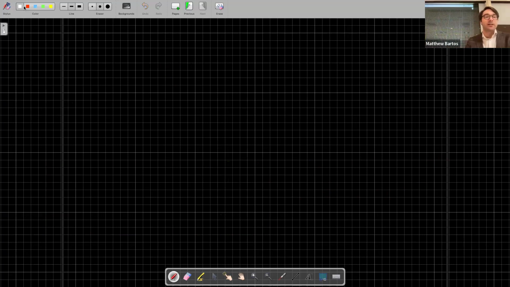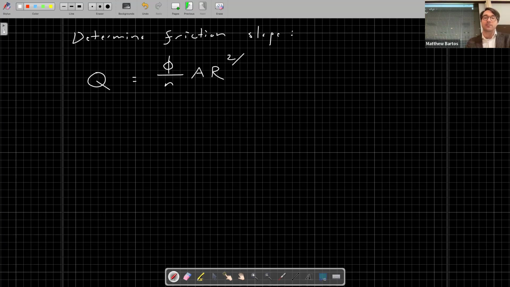So what we can do is use the Chezy-Manning equation to come up with an expression for the friction slope. Recall that from Manning's equation for uniform flow, the discharge is equal to phi divided by n, as in November, times the cross-sectional area times the hydraulic radius to the 2/3 power times the square root of the friction slope.